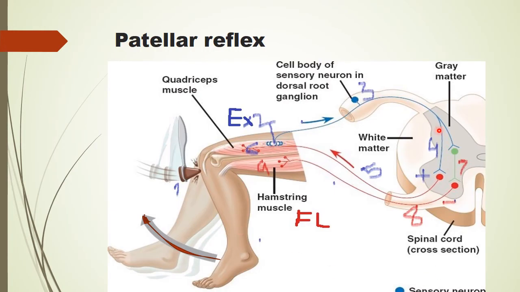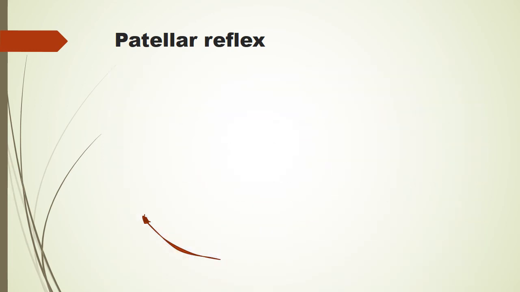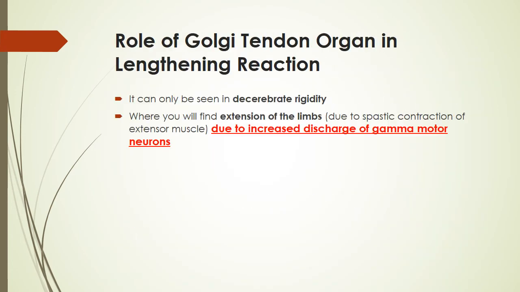Here you will find that once there is a stimulatory response to the alpha motor neuron, there is inverse autogenic inhibition to the other group. So this is a very important role of the Golgi tendon organ in the lengthening reaction.